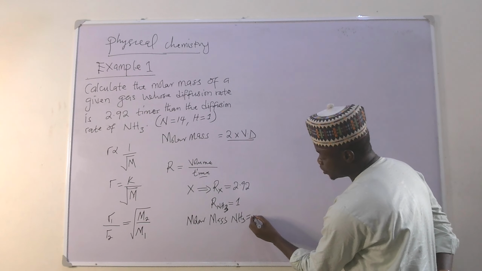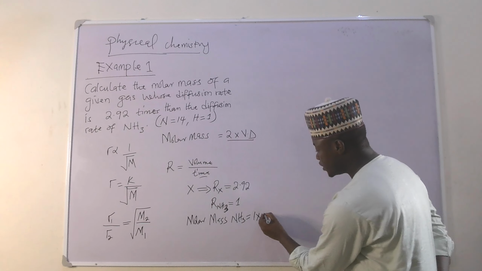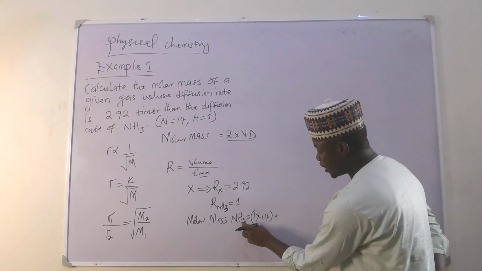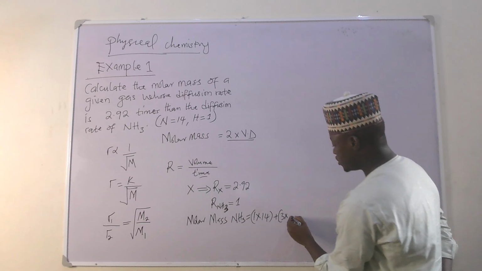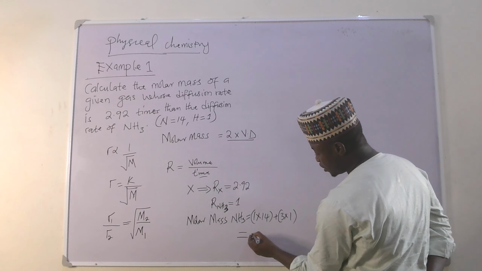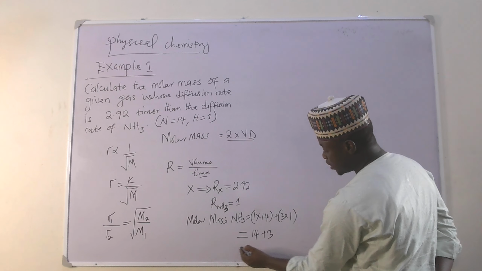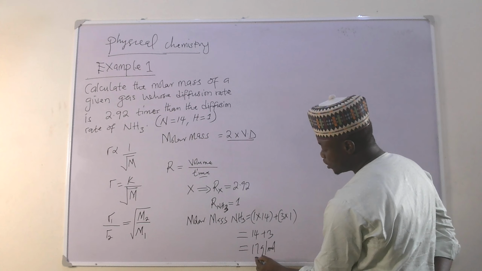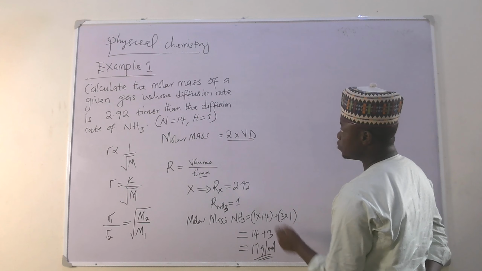We have 1 nitrogen, so we have 1 times 14 in brackets, and then plus we have 3 hydrogen, so we have 3 times the mass of hydrogen, which is 1. So therefore, we now have 1 times 14, which is equal to 14, and then 3 times 1 we have 3, and this will give us 17 grams per mole. So this is actually the molecular mass of ammonia.